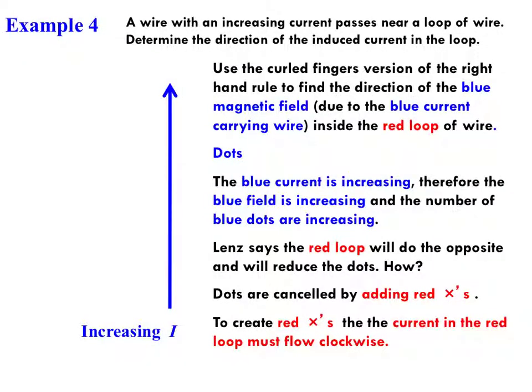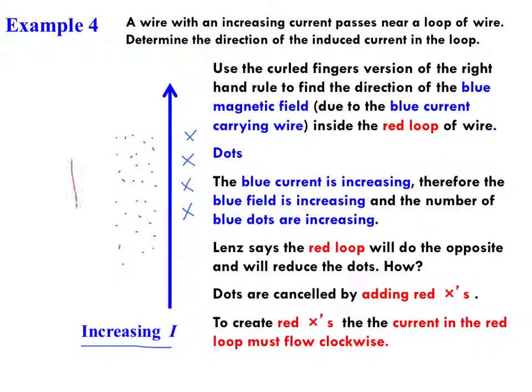So looking at this example, we can use our right-hand rule, which tells us that our magnetic field is going to be coming out of the page on the left side and into the page on the right side. Now, if we have increasing current, that means these blue dots are going to start increasing, just to show that the magnitude of the magnetic field at that point is also increasing.